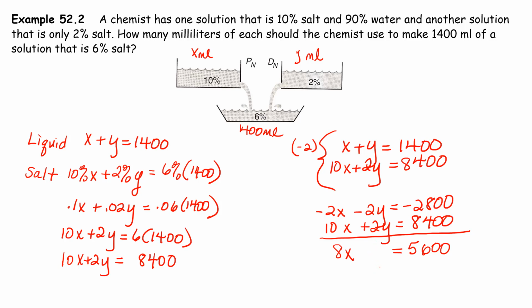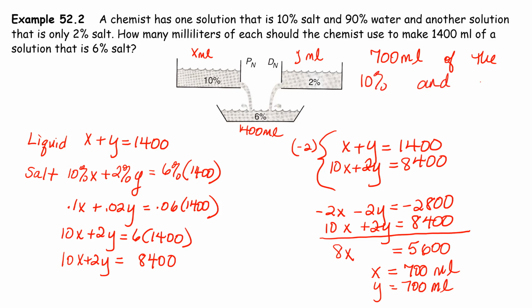So divide by 8 and I get x equals 700 milliliters. All right, so the total milliliters is 1,400, which means that y is also going to be 700 milliliters. My answer would be 700 milliliters of the 10% solution and 700 milliliters of the 2% solution.